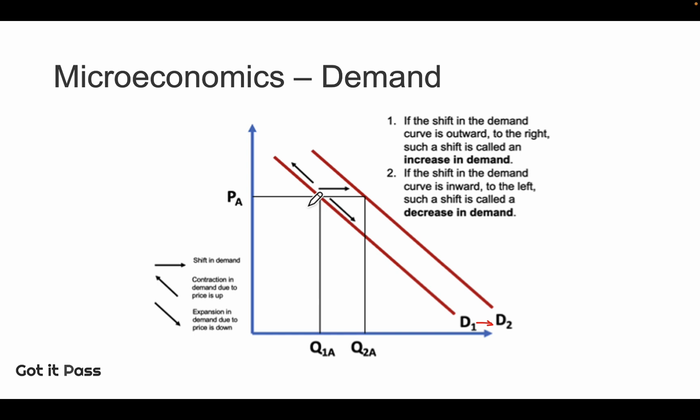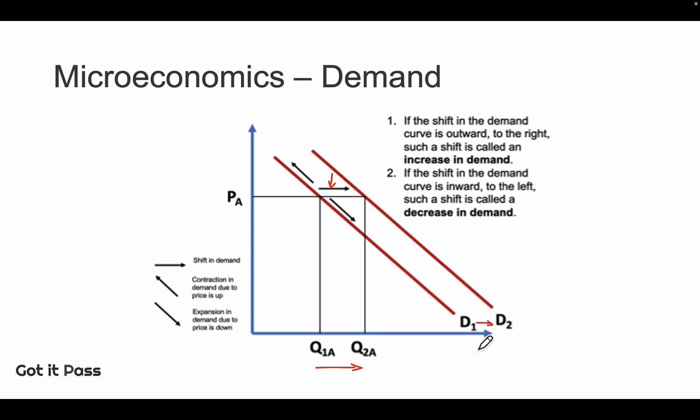The people have higher purchasing power, so they can buy more goods and services at the same price. So we can see here, this arrow, a change of demand from D1 to D2, and at this price level PA, the quantity demanded increased from Q1A to Q2A.